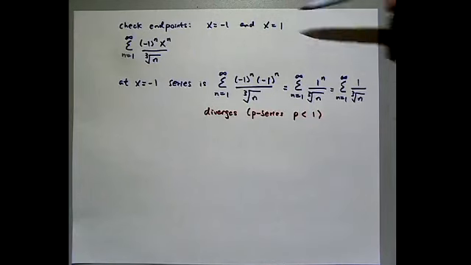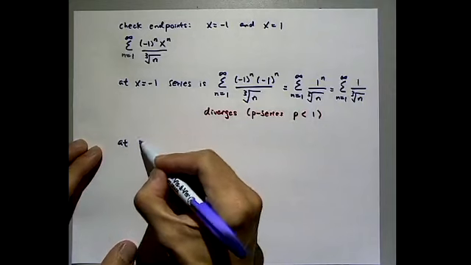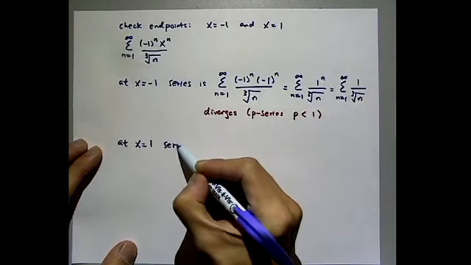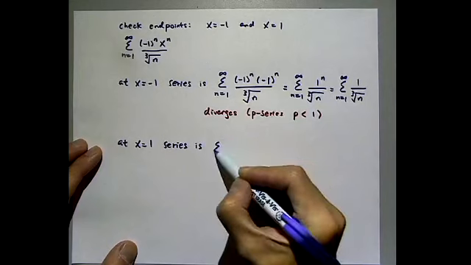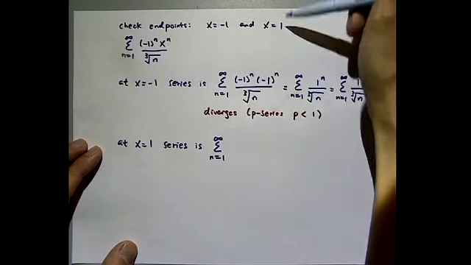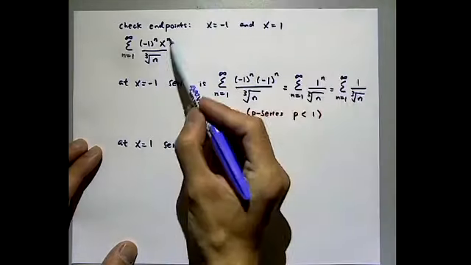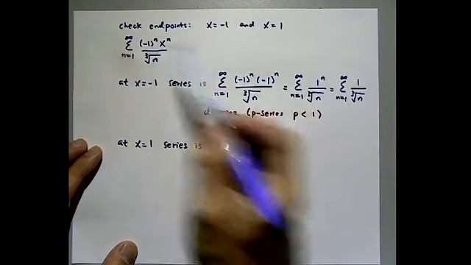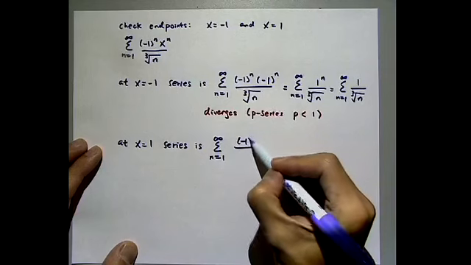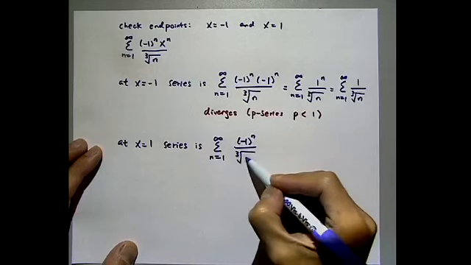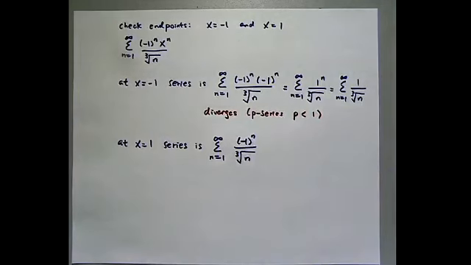Next, we do the same thing at 1. When I plug 1 in here for x, we have 1 to the n just like before, but this time we have an alternating series, from the minus 1 earlier. So we get this. And does that converge, and why?